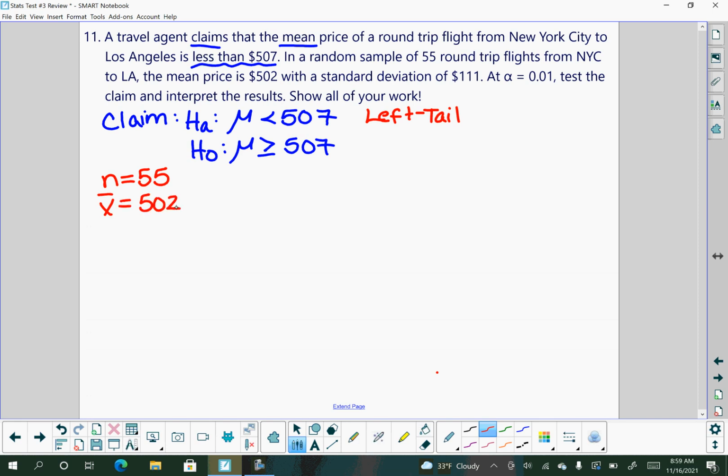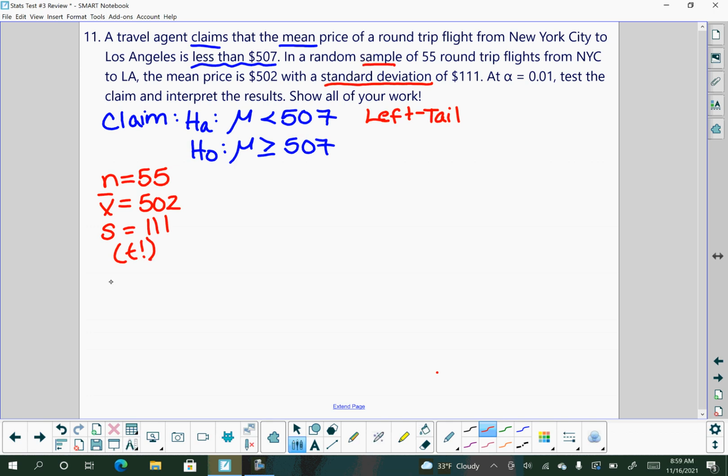We also have a standard deviation, but it's a standard deviation of the sample, so we're going to use S here. And that's $111 because I do not have the population standard deviation. I only have the sample standard deviation. We're going to be using a t test when we do this. So that's how we know to look at the t distribution and get that critical value versus our z distribution.